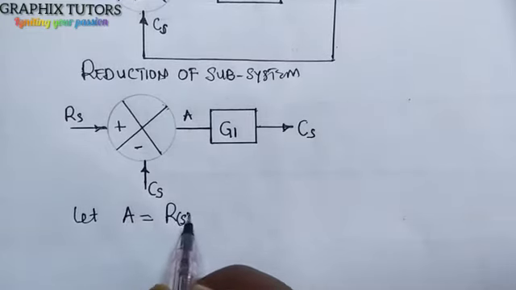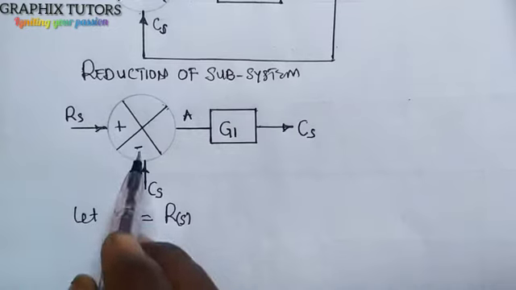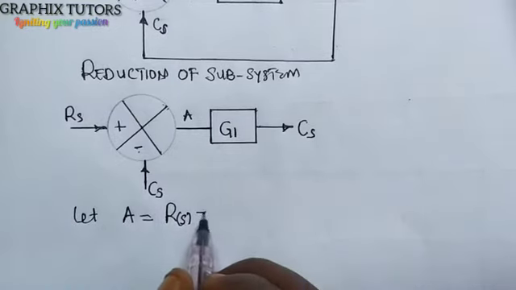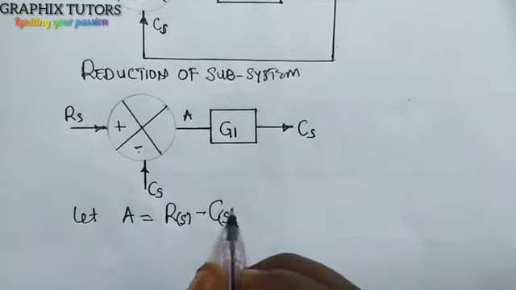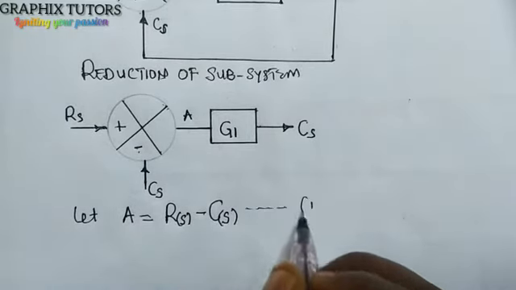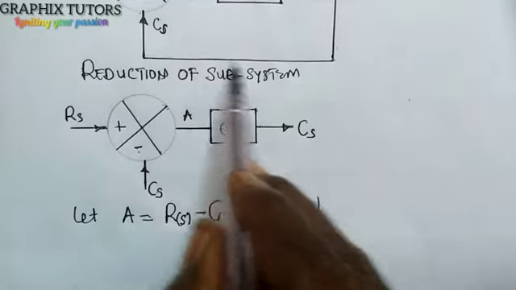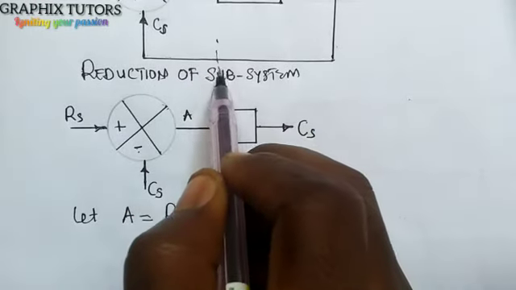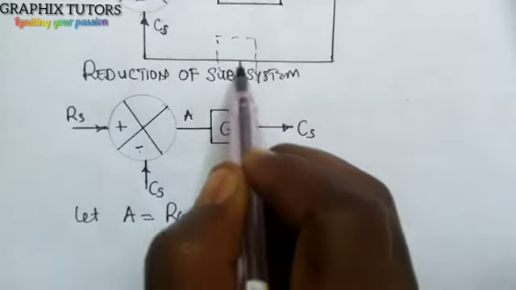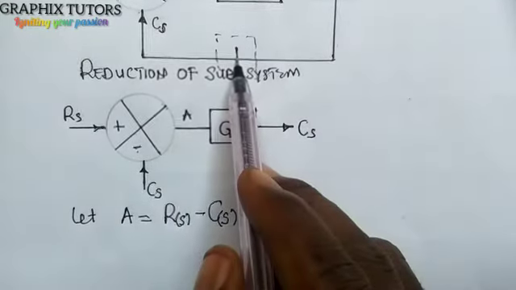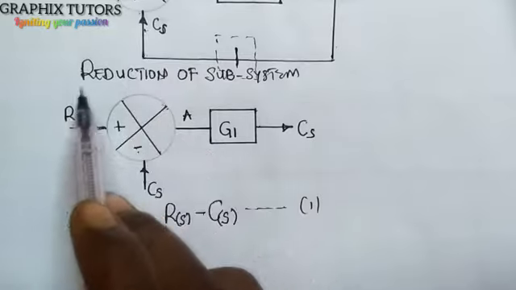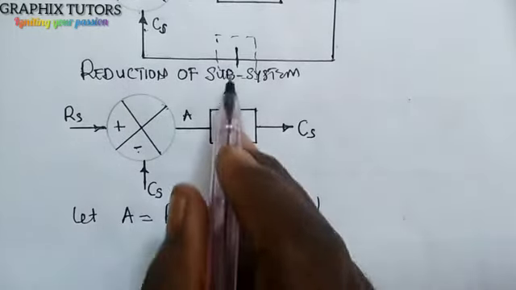That means the input signal minus the output signal, minus CS, right? I'll call it equation 1. Mind you, since there's nothing here, there is a silent what? There's a silent 1 here. So it means CS times 1 gives us our CS. That's why they call it a unit feedback.